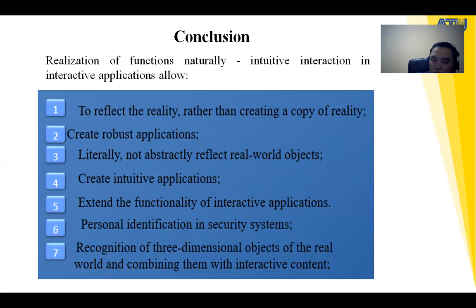Create intuitive applications. 5. Extend the functionality of interactive applications. 6. Personal identification and security systems. 7. Recognition of three-dimensional objects of the real world and combining them with interactive content.